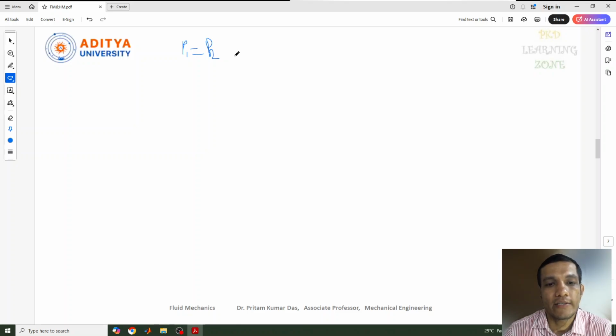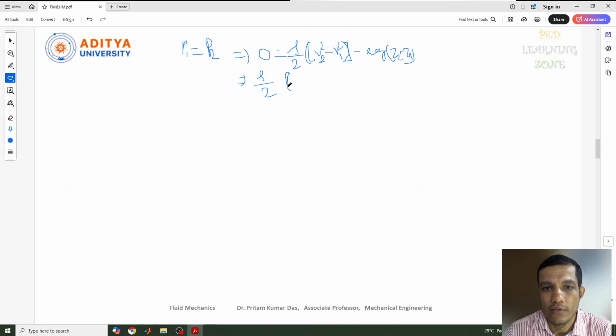So if P1 and P2 are the same, then p2 minus p1 will be 0, and we can write rho by 2 times (V2 square minus V1 square) plus rho g times (Z2 minus Z1). Now let's take one term on this side and one term on the other side: rho by 2 times (V2 square minus V1 square) equals rho g times (Z2 minus Z1).